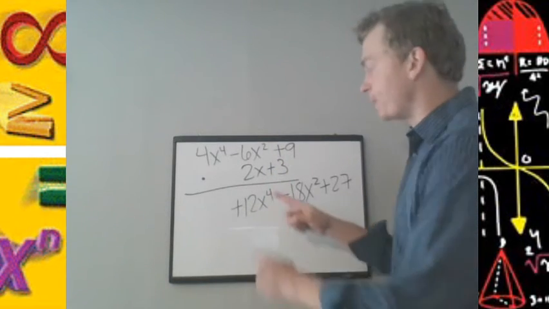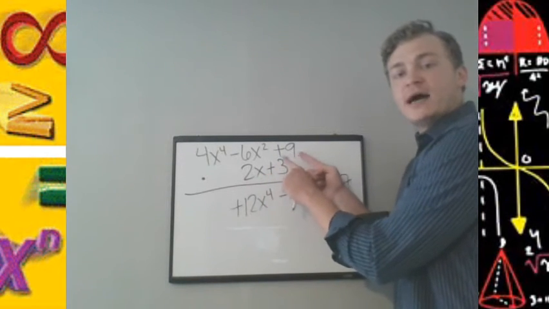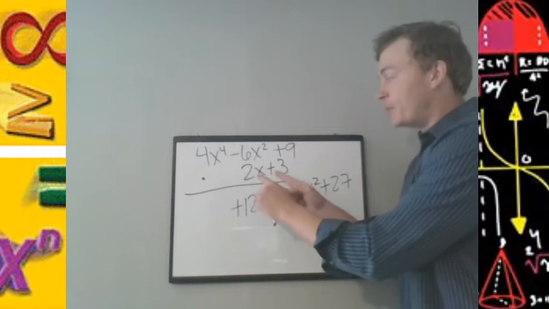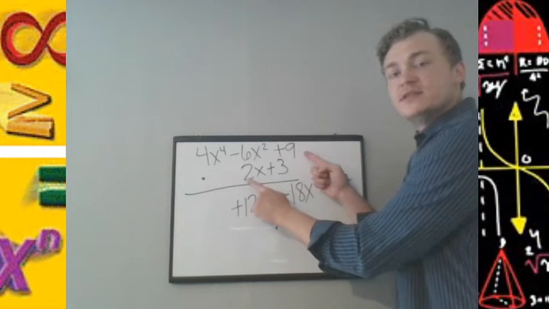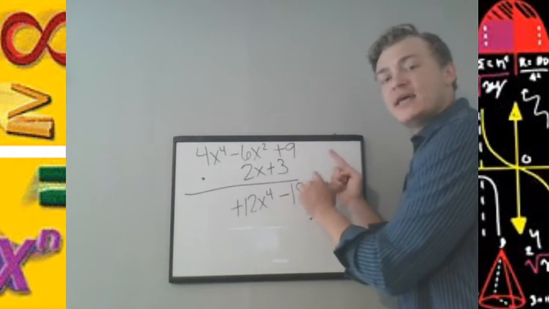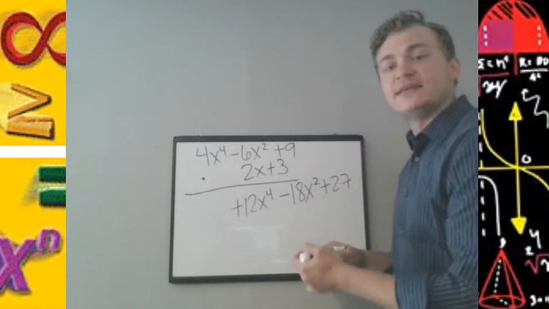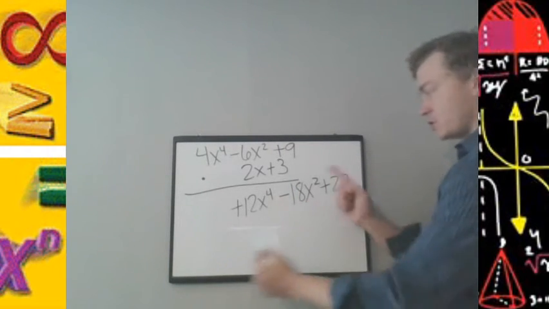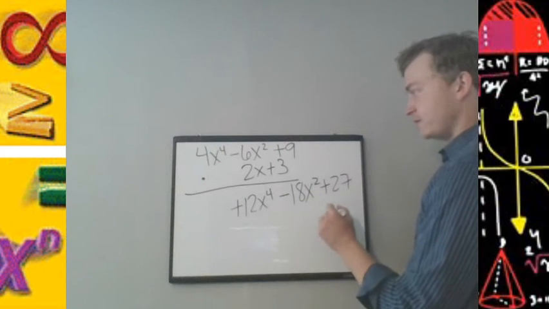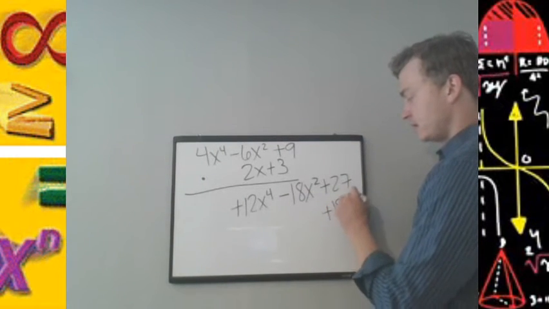Let's go ahead and try it out. 2x multiplied by 9: 2 times 9 is 18, but it's also gaining a factor of x. So this isn't just 18, it's 18 times x, or simply positive 18x.